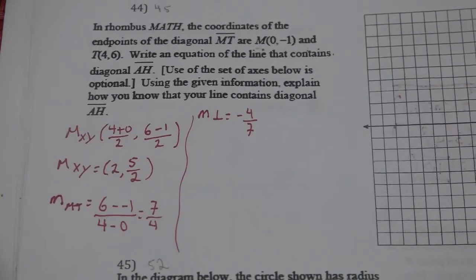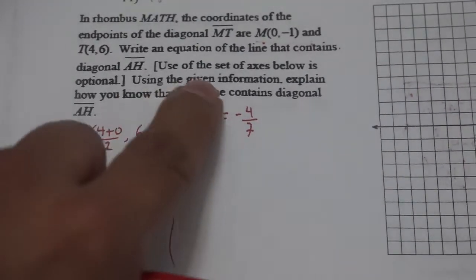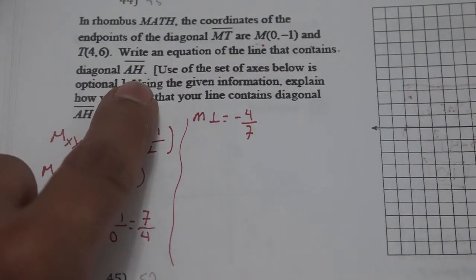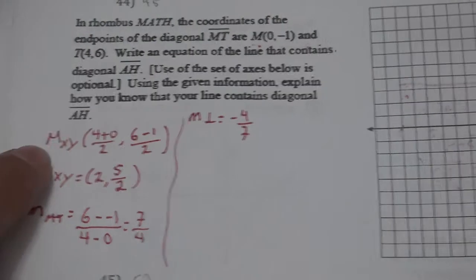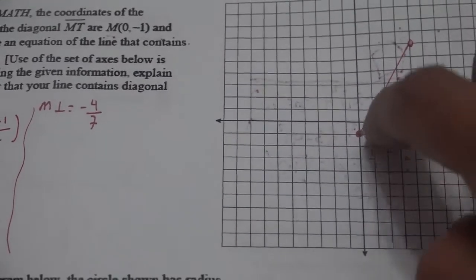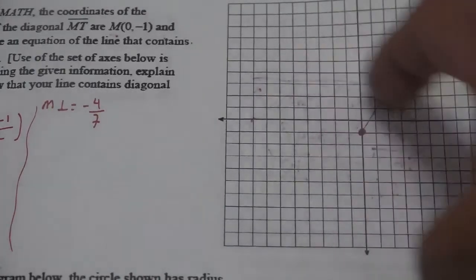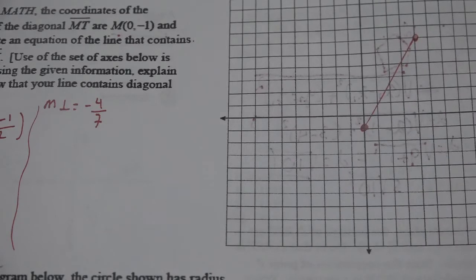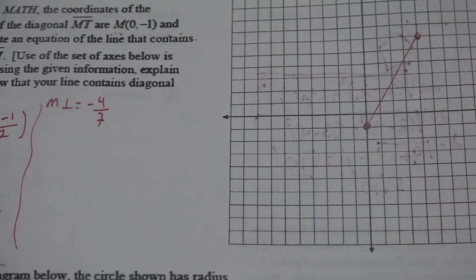Well, the question says the following: write an equation of the line that contains diagonal AH. In other words, now I have to write an equation of the line that contains the other diagonal of the rhombus, the one that is perpendicular and crosses at the midpoint. All right, not a problem.